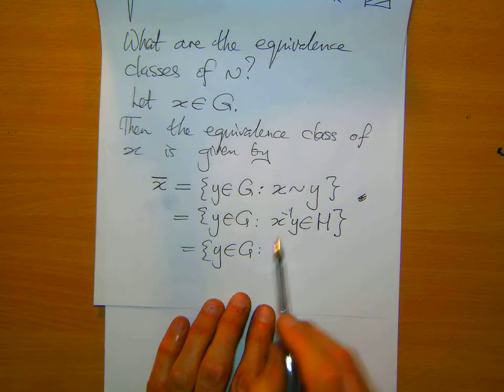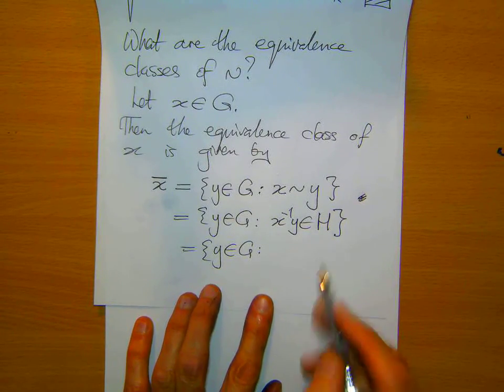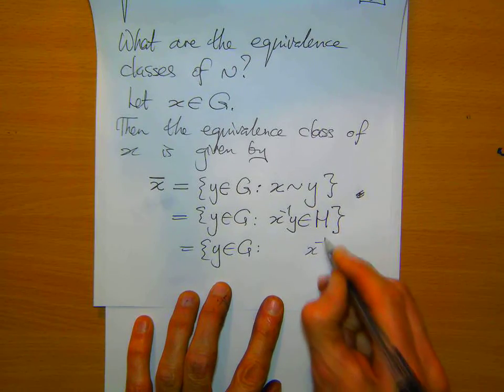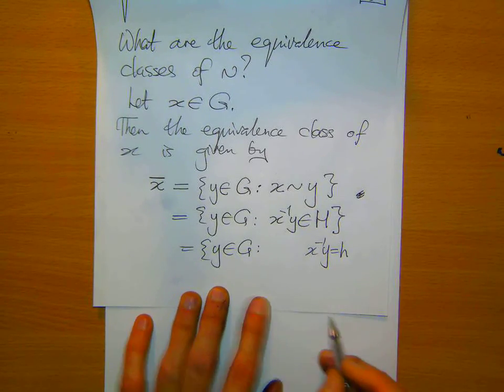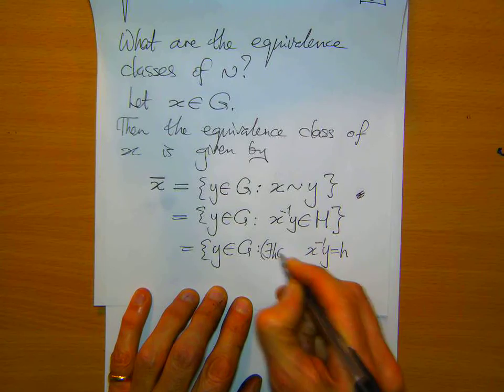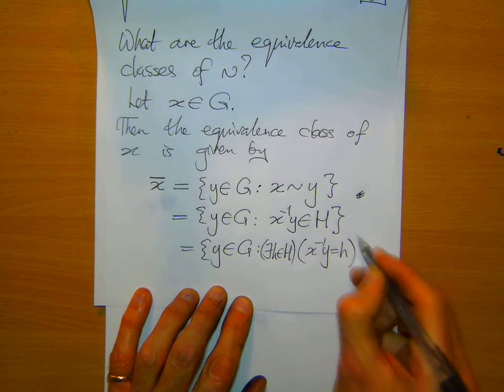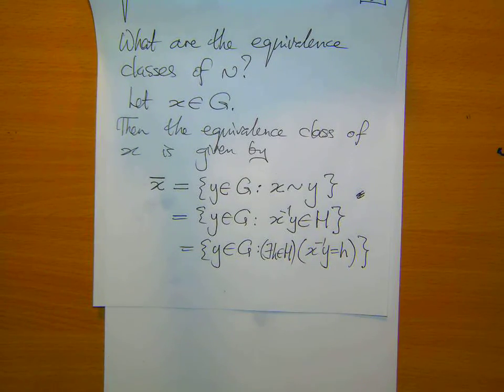Well, if X inverse Y is in H, that means that X inverse Y must equal a little h for some little h in big H. Okay? X inverse Y is some element of H, in other words, which I'm calling little h.